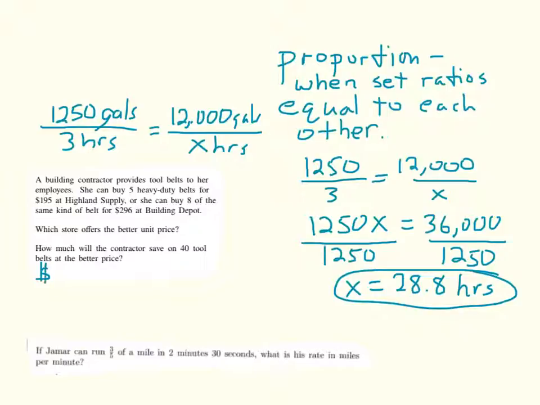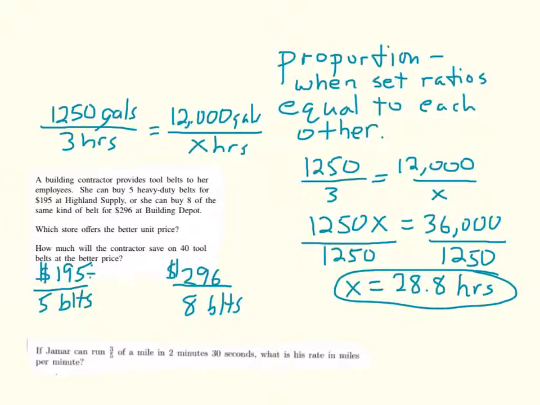So in the first one, it's $195 for 5 belts. And the other one is $296 for 8 belts.